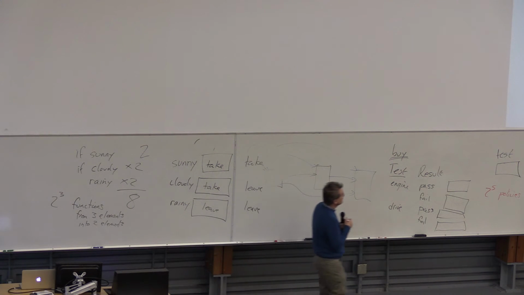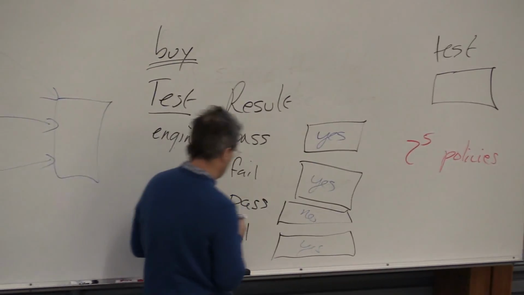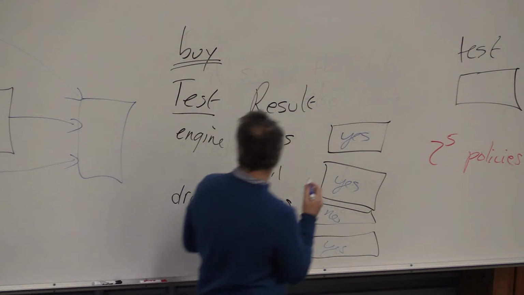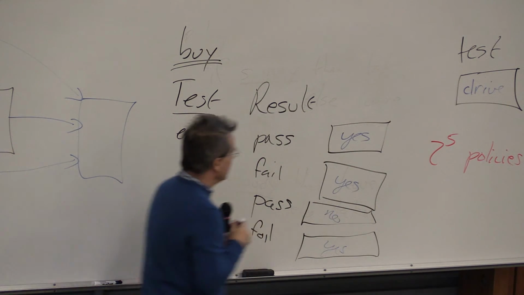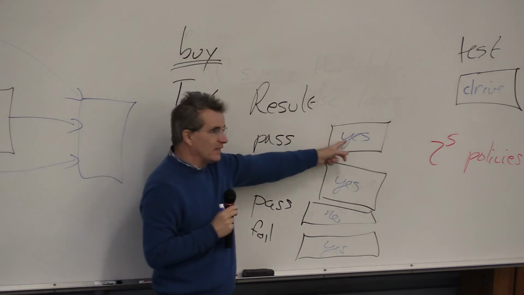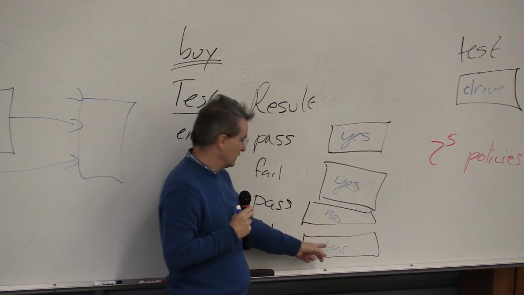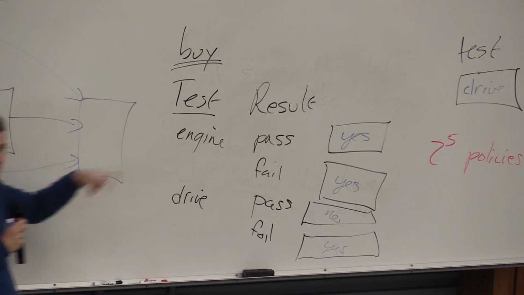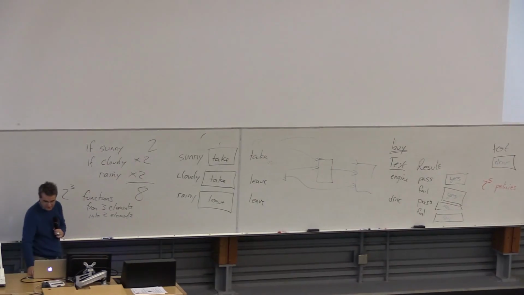If I filled in yes, yes, no, yes, and I filled in for test it's drive, you can think of this now as a probability where this has value 1 if I'm going to do this. This has value 1 for yes, 0 for no, and that has 1 for drive and 0 for the other. And then it's just a Bayes net. It's a nice way of thinking about it.